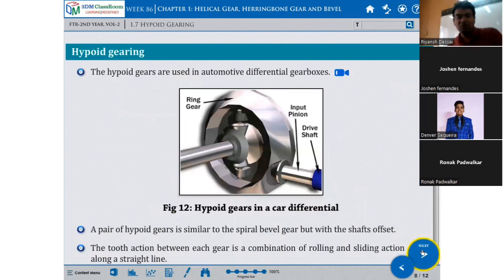Hypoid gear. Hypoid gears are used in the automotive differential gearbox.